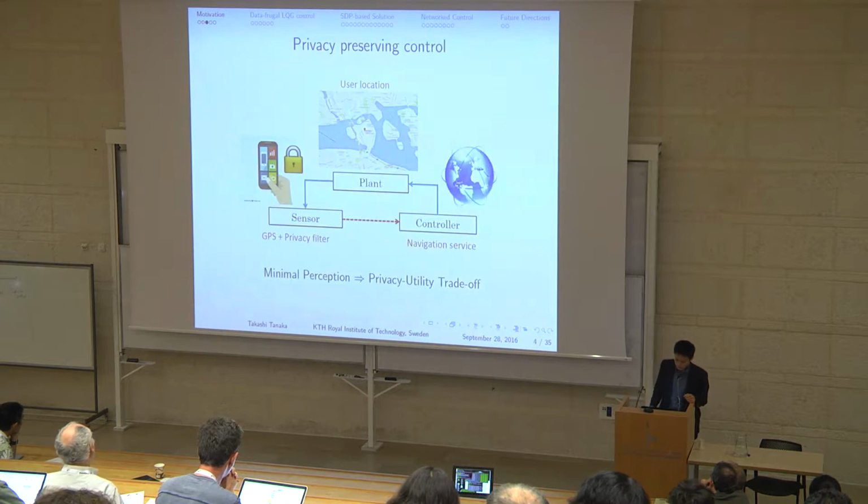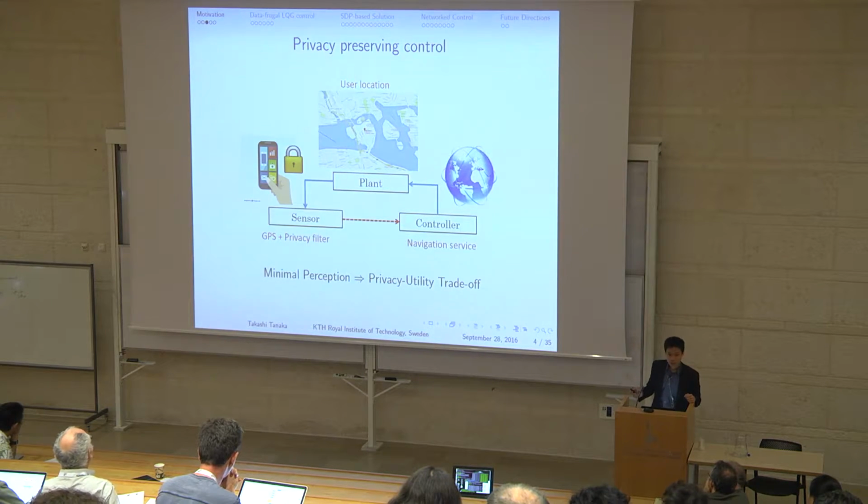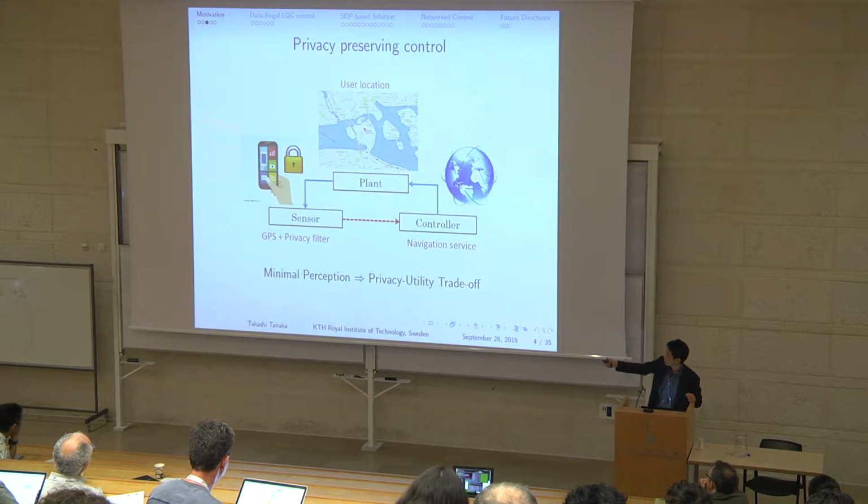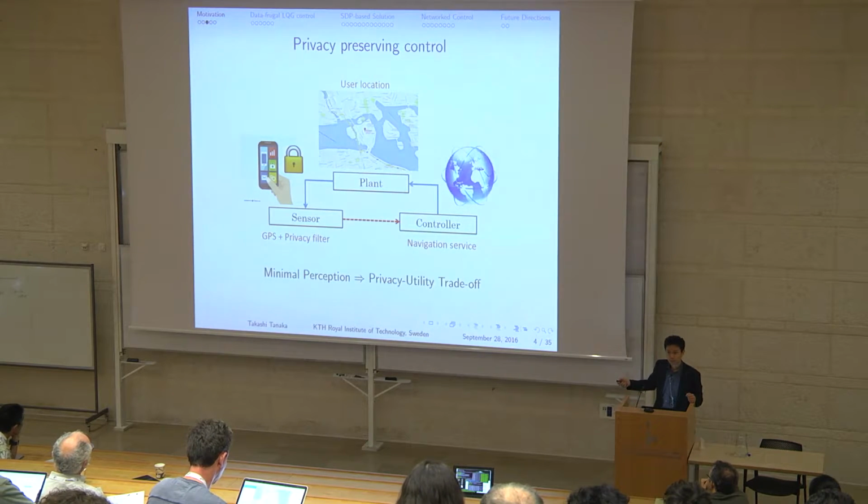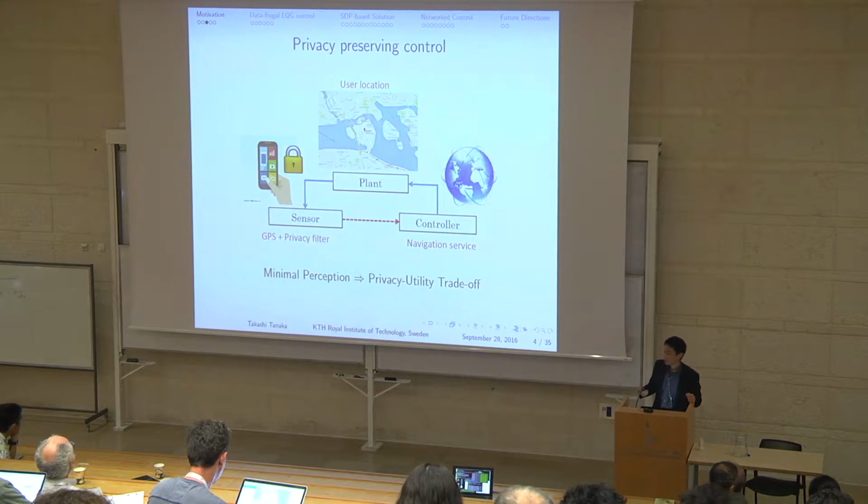The third motivating example is very different. This is related to privacy. Imagine this is a GPS navigation service, and you're a GPS navigation service provider, supposed to provide a navigation service to those who have a smartphone with a GPS receiver. Being a navigation service provider, you can provide the best quality of service when you know the exact location of the user.